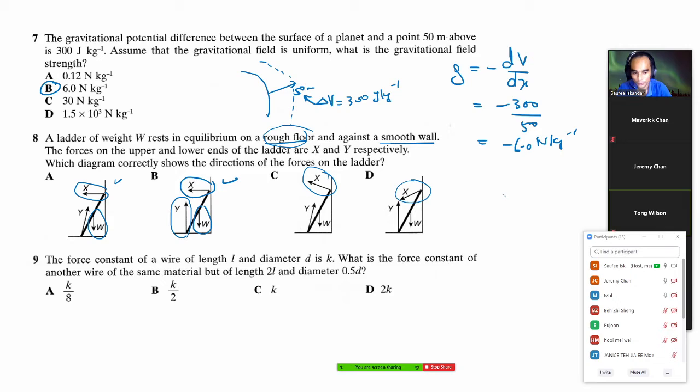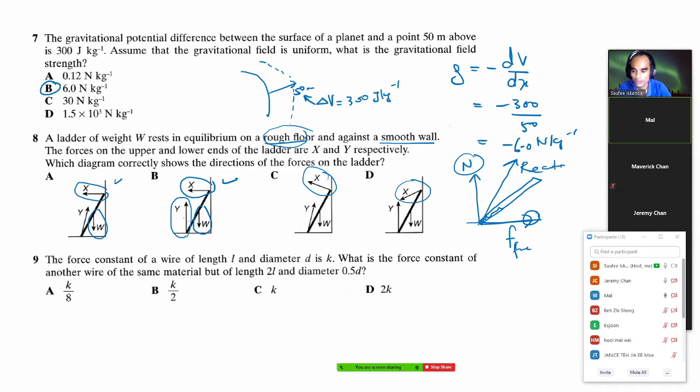When the ladder meets the floor, there will be a normal force and a frictional force, so normal plus frictional will be the reaction force. So B cannot be the answer, because Y in this case is the normal force.